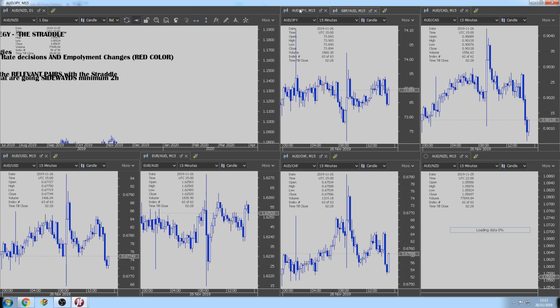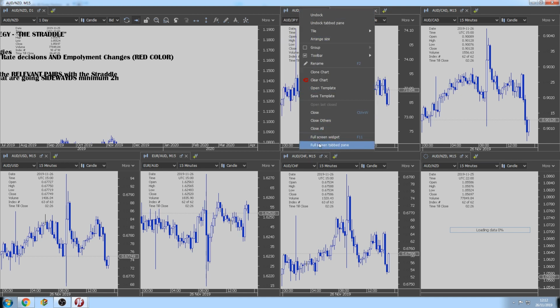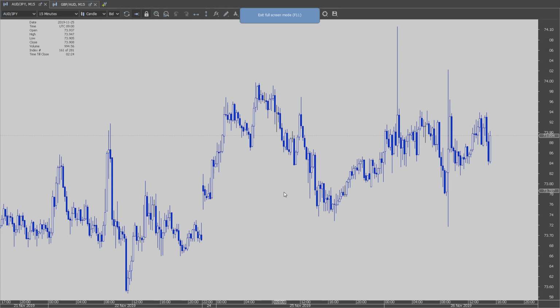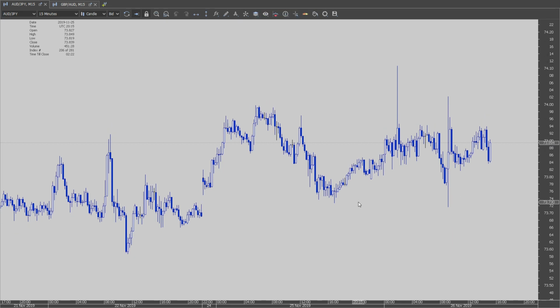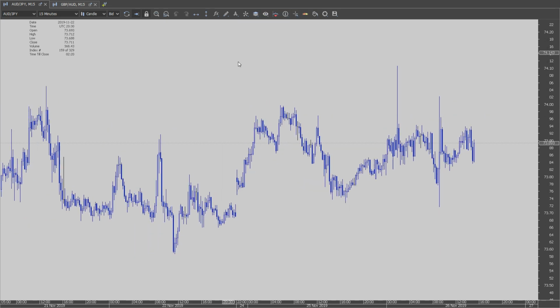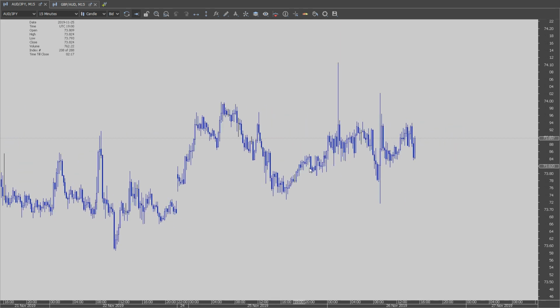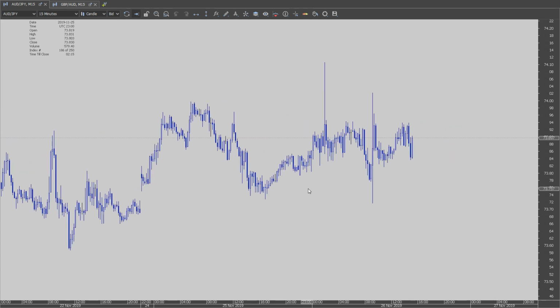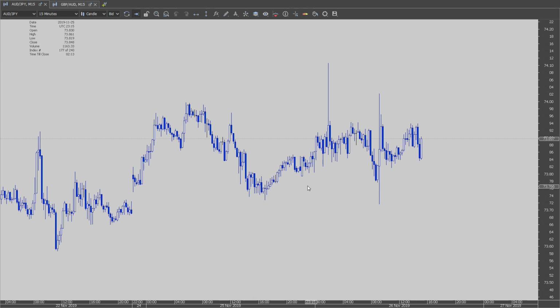Okay, so let's look at all of them and try to understand if each pair is going sideways. It could be more, but minimum 2 hours, right?